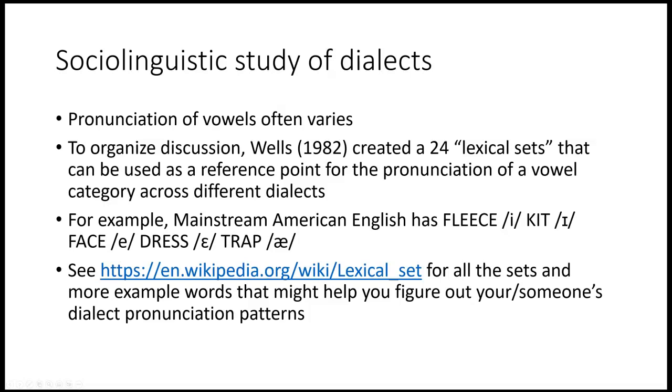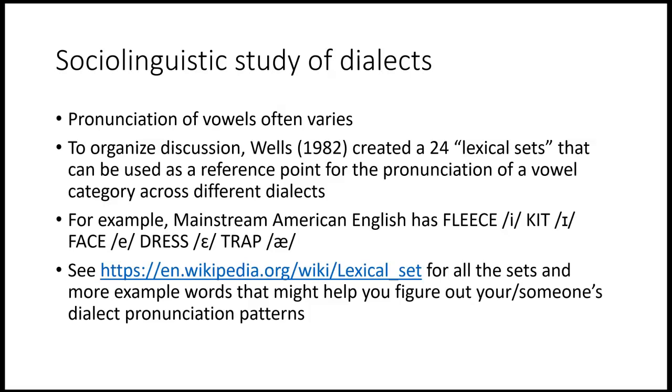As we try to study dialects in an organized way, one of the main differences we commonly see between dialects, at least dialects of English for sure, is variation in the pronunciation of vowels.